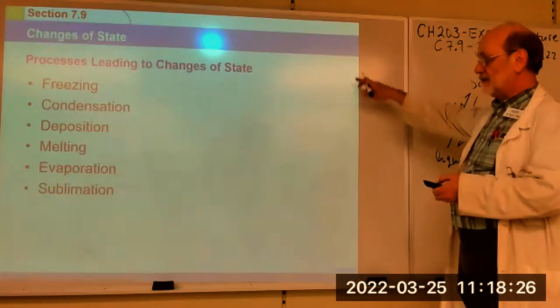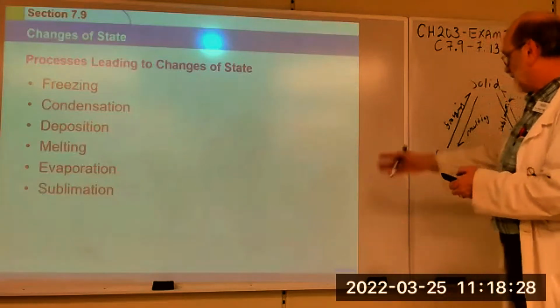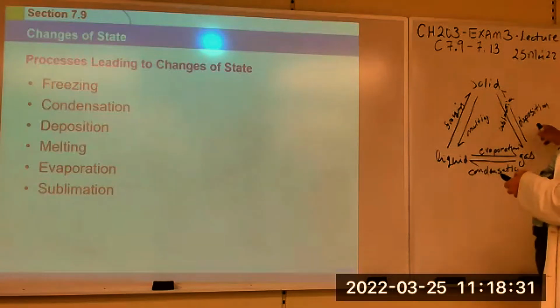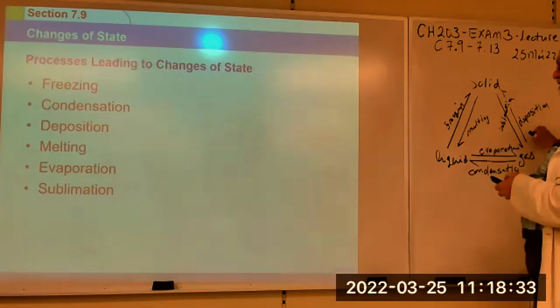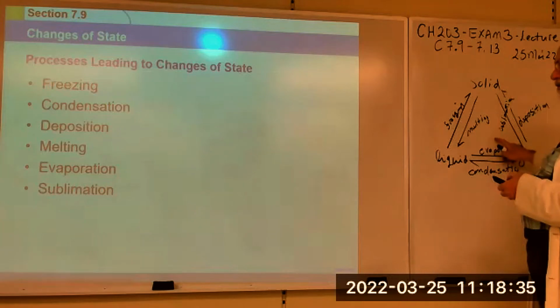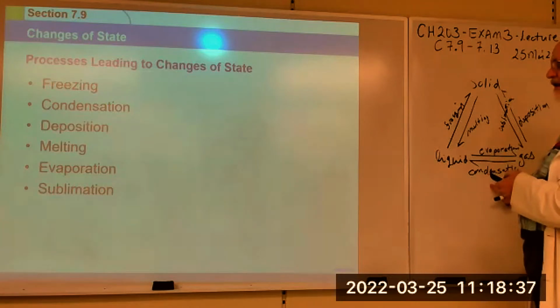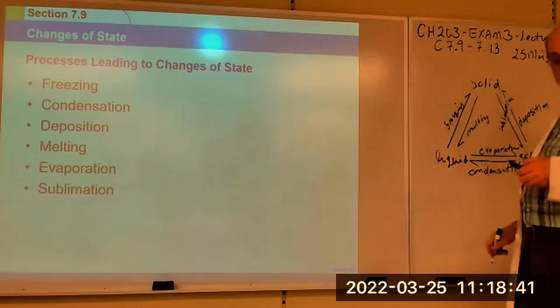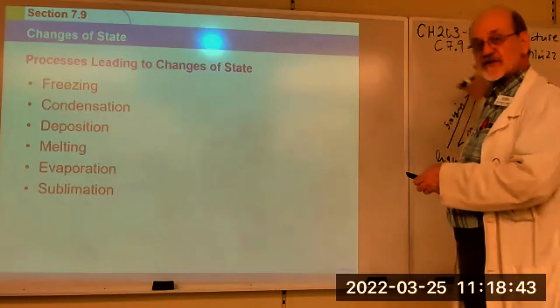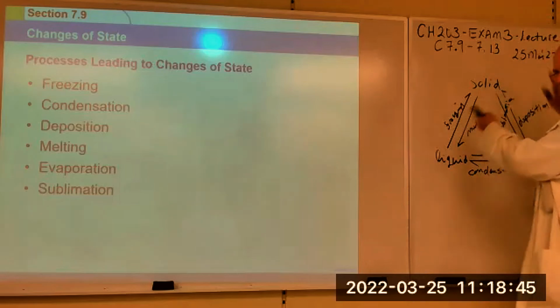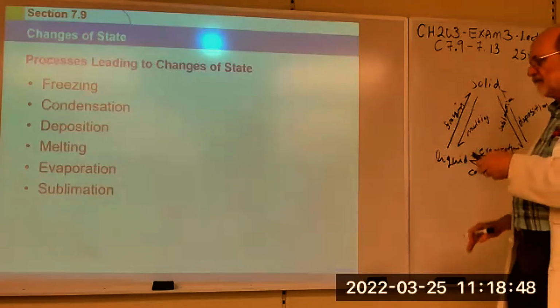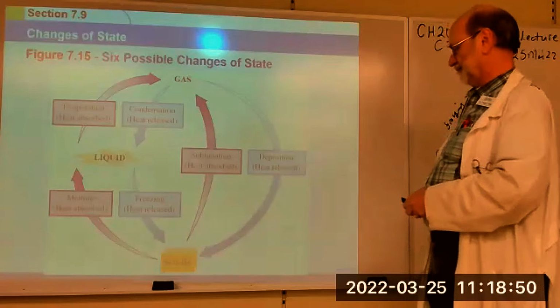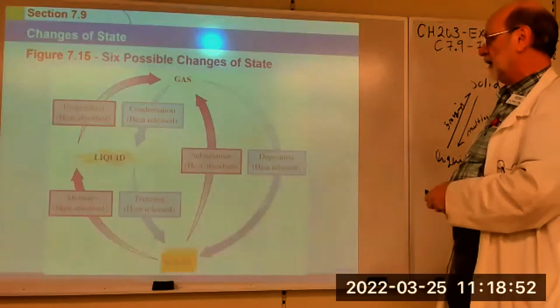Okay, here we have those. Let's see if I got them all right. Sublimation, deposition, yep. Evaporation, yep. Condensation is there. Melting is there. Freezing is there. Okay, they're all there. I like this triangle diagram because it puts everything in perspective. Well, there's one too.